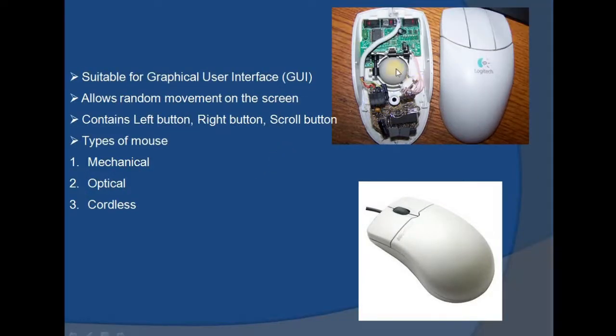These are mechanical mice, which we used in the earlier days, but these days we are using the optical mouse and cordless mouse. The older one consists of a wire or PS2 connector that has to be connected to the back panel of your CPU. But these days we get optical and cordless mice, with no need to connect wires.